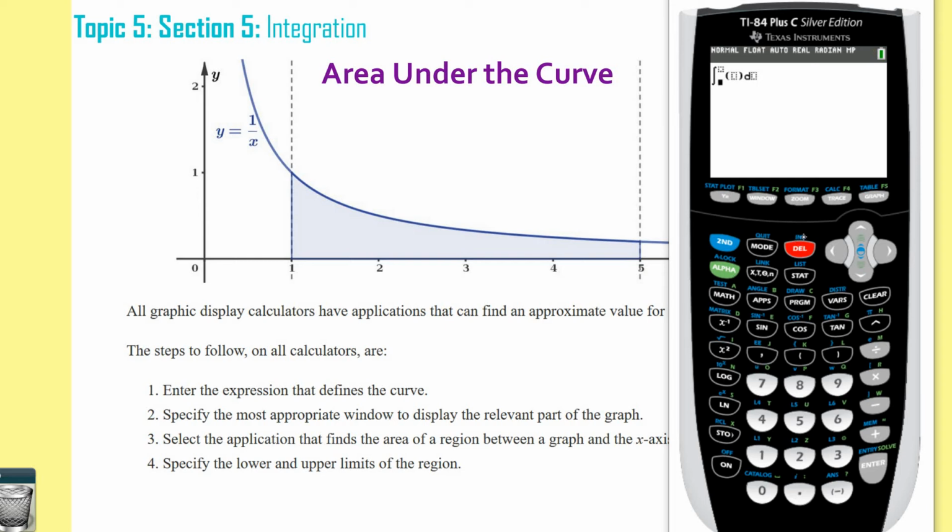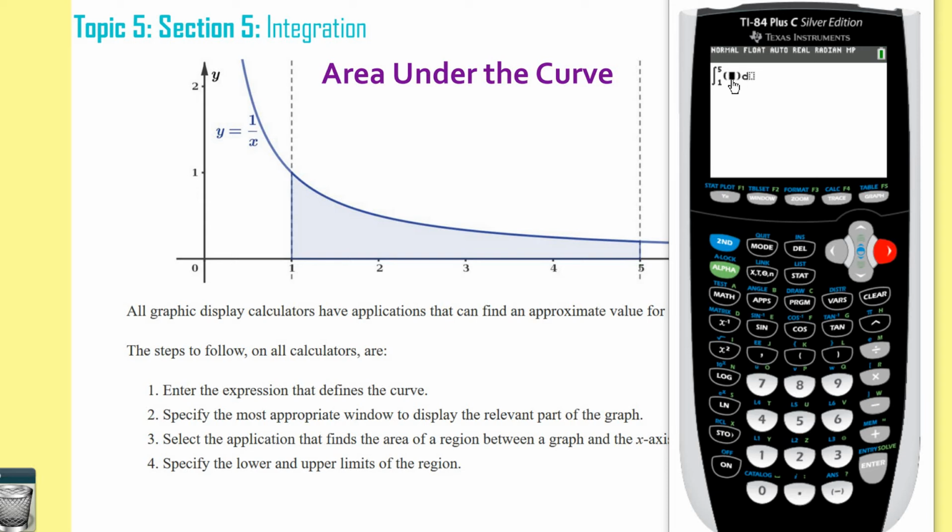So you want to, I want to delete that, I don't want a 9 there. Okay, so we start with the bottom number, so that's where our bounds of our function are. So we're from 1 to 5, so we're going to hit 1 and then write 5, and write again.